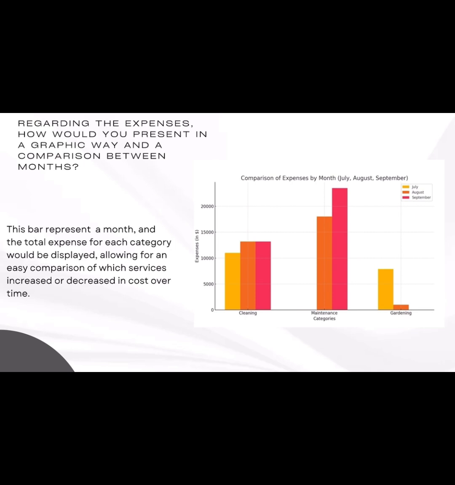For example, it can show if maintenance costs went up or down in a specific month. This information is key to understanding trends and planning budgets for future months.